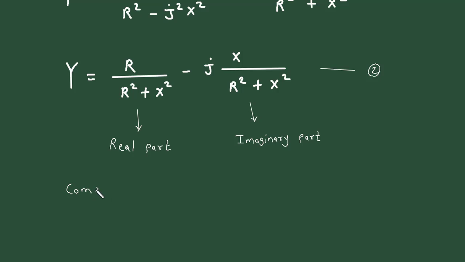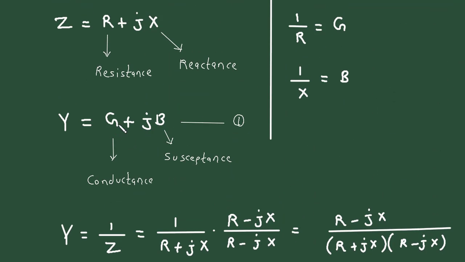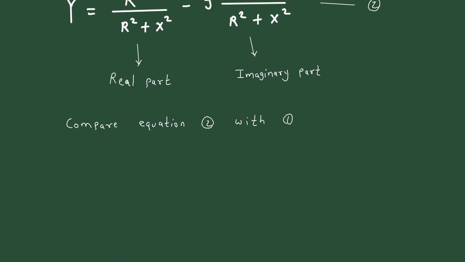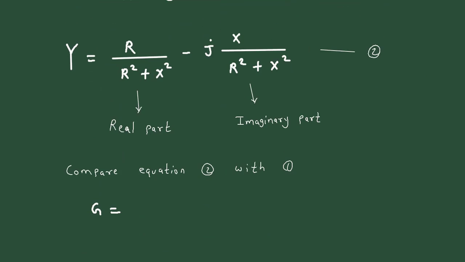Comparing equation 2 with 1, we can see the real part is G and the imaginary part is B. So G is equal to R divided by R square plus X square.